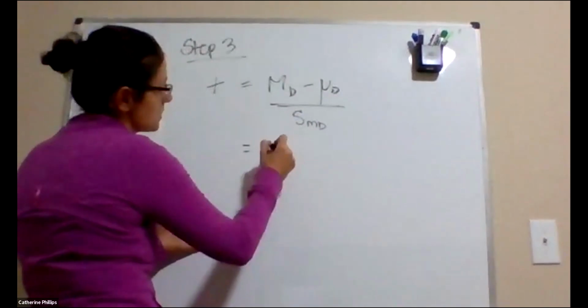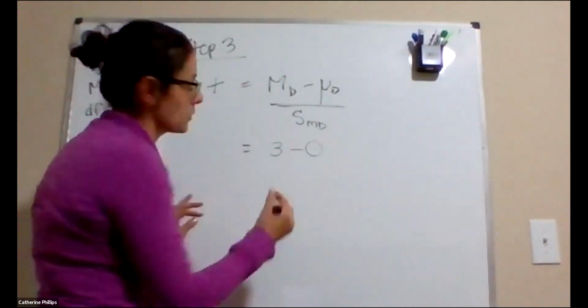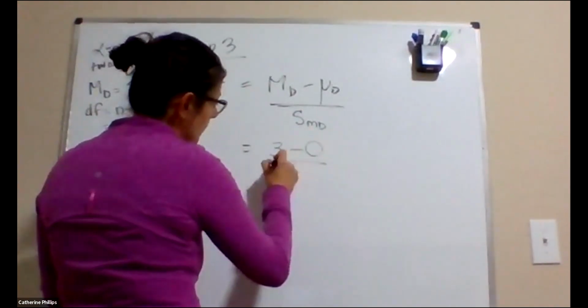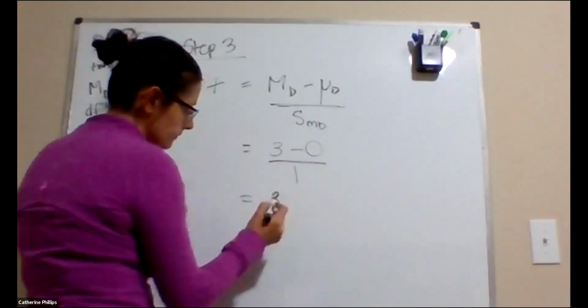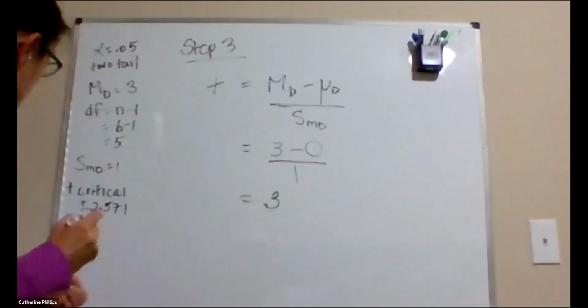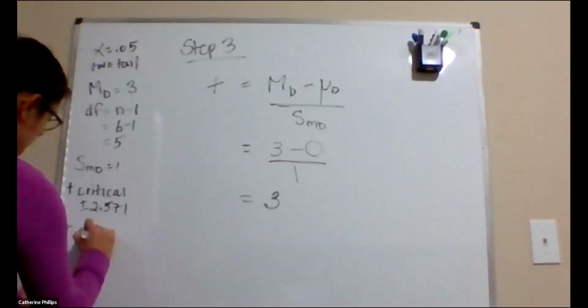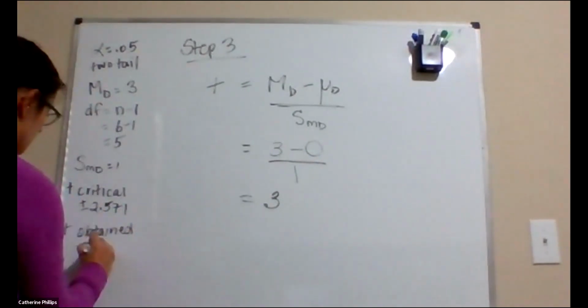The mean difference was 3. Subtract, we're expecting 0 if there is no treatment effect, divided by, and the estimated standard error is 1. So our t is 3. So the t obtained, sometimes here as t calculated, is 3.